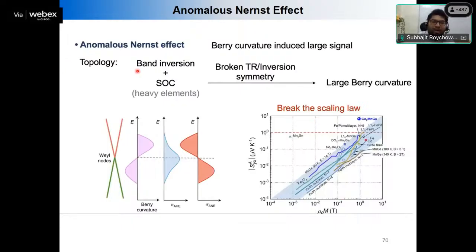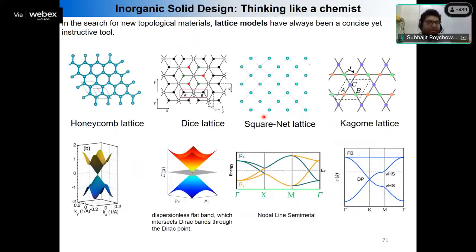So we talked about the Nernst effect like the conventional Hall effect. Similarly, if we can include band inversion or magnetism, and get a large Berry curvature, we can get a large anomalous Nernst effect. So we'll come to this soon.